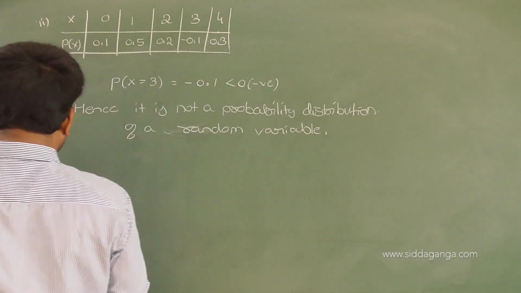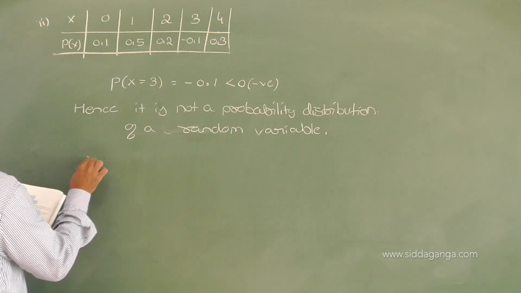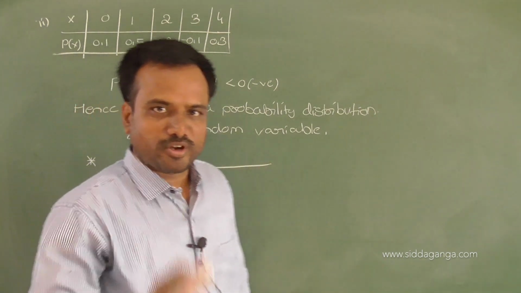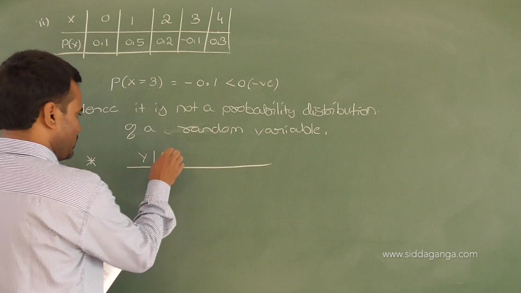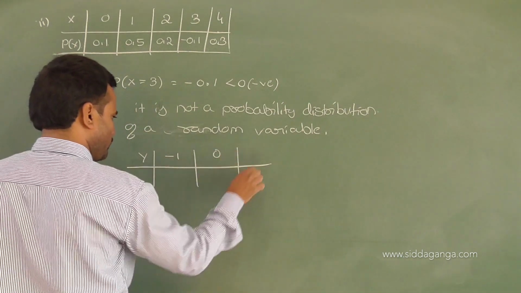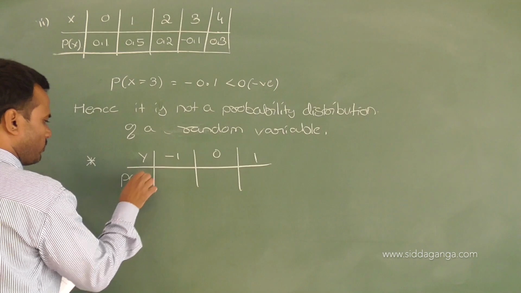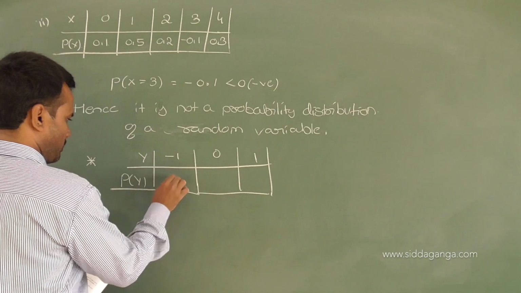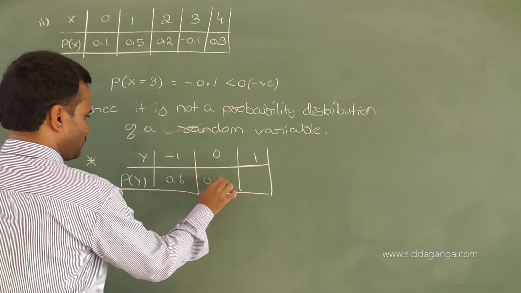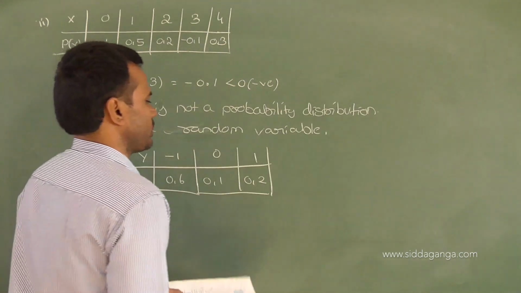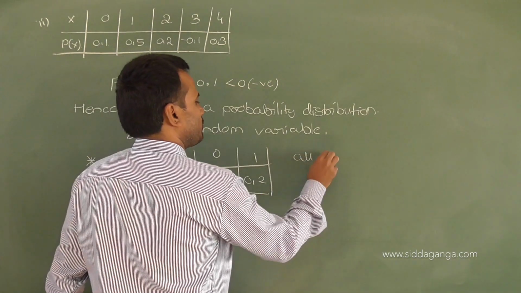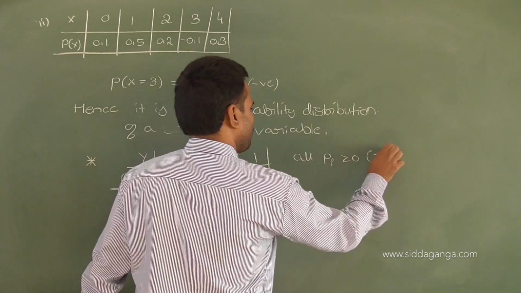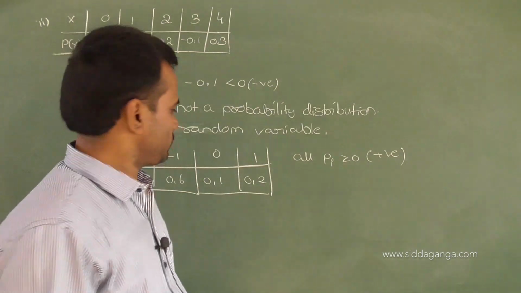One more problem. He has given Y. Random variables are denoted by capital letters. Y: minus 1, 0, 1, P of Y: 0.6, 0.1, 0.2. All Pi greater than or equal to 0, positive. First condition satisfies.